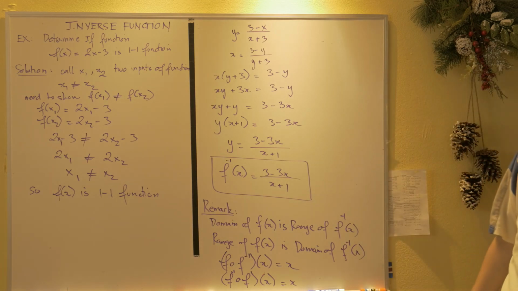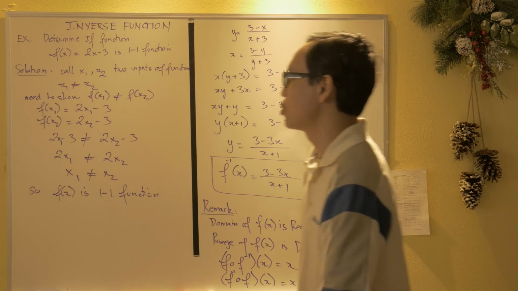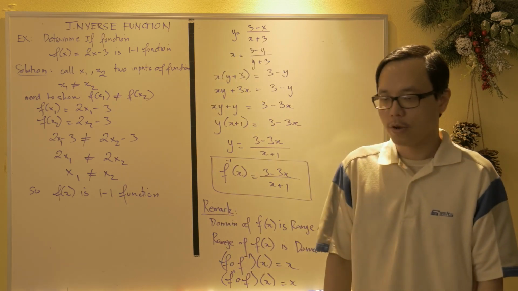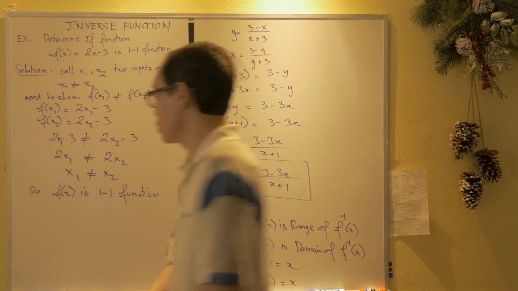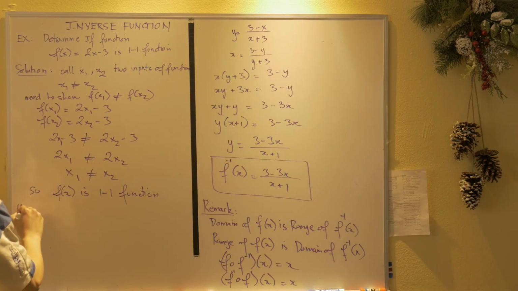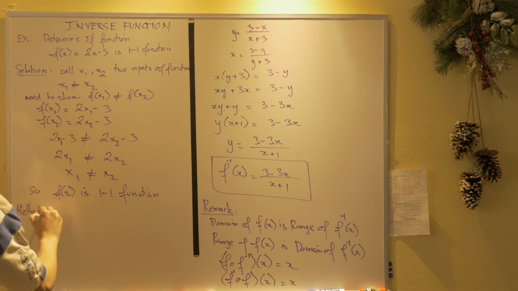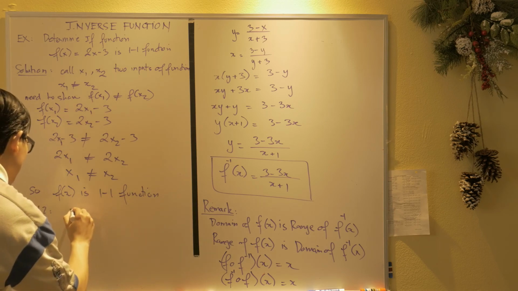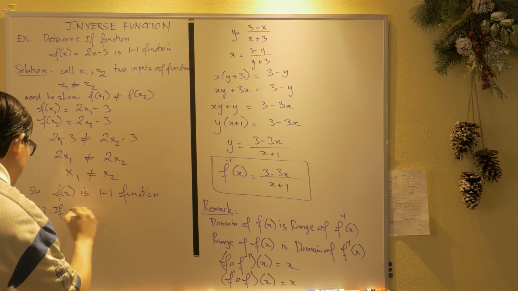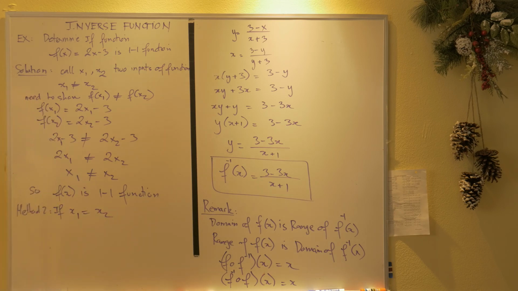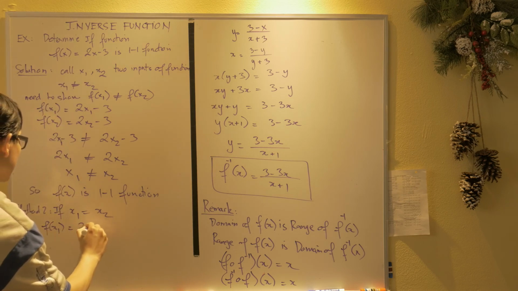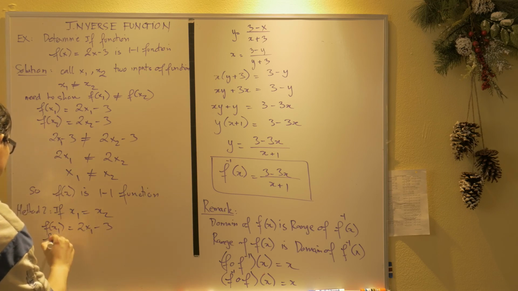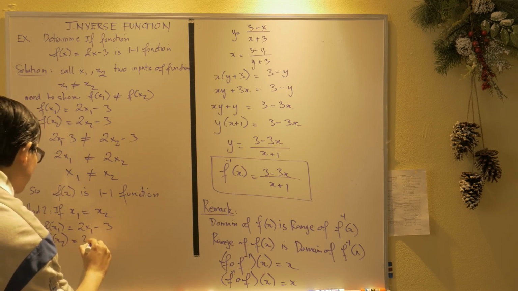Good. There's another way to show this. You can show if x1 equals x2, then f(x1) equals f(x2). So, method 2. We plug in: f(x1) is 2x1 minus 3, f(x2) is 2x2 minus 3.